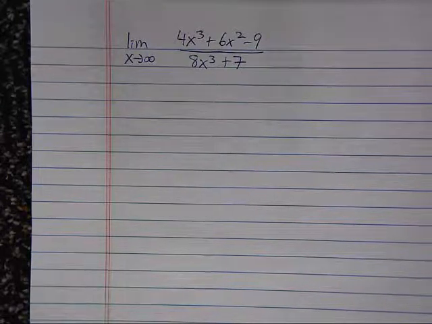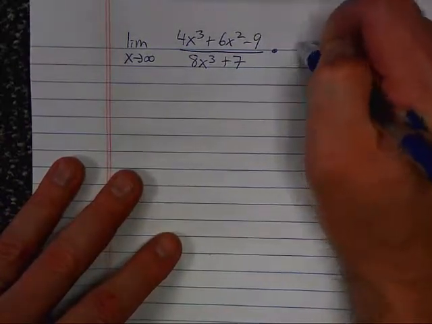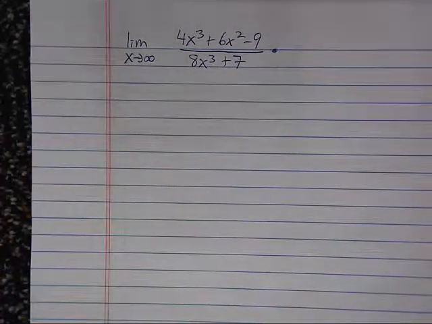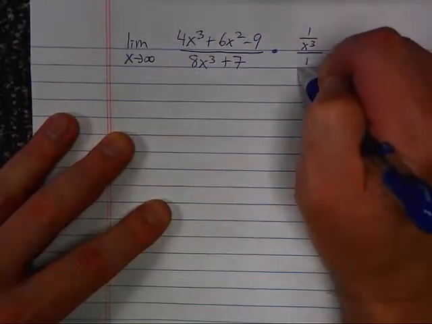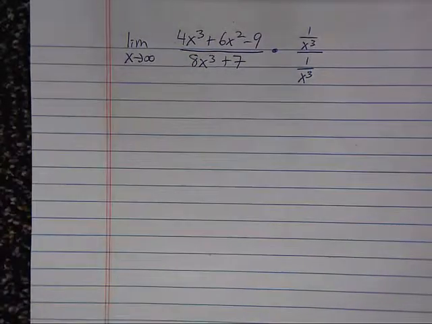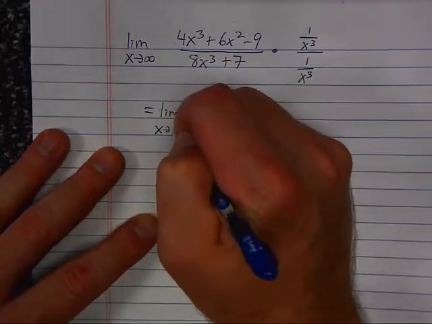But here's what you do if you really want to be pedantic and prove this. You take the biggest power on bottom. What's the biggest power on bottom? 3. So you multiply top and bottom by 1 over x cubed and distribute those through. So that would be the limit as x goes to infinity.